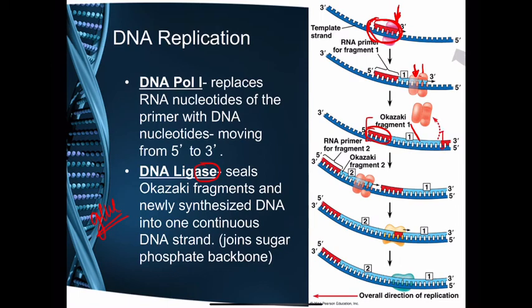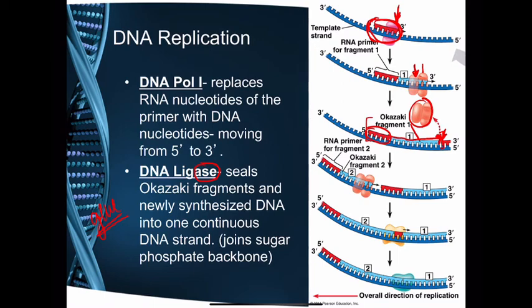And so when that polymerase runs into the end of a primer, it pops off, okay? When it hits the end of, or the start of the next Okazaki fragment, the polymerase comes off, all right? And then the primer is replaced.